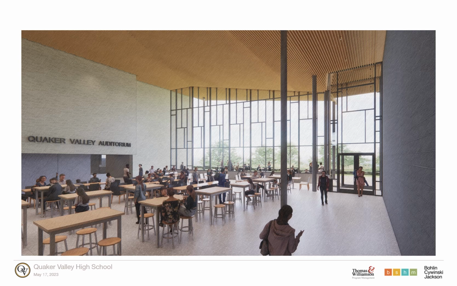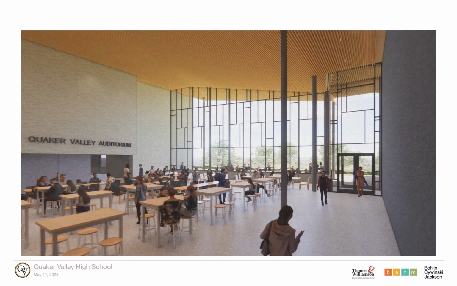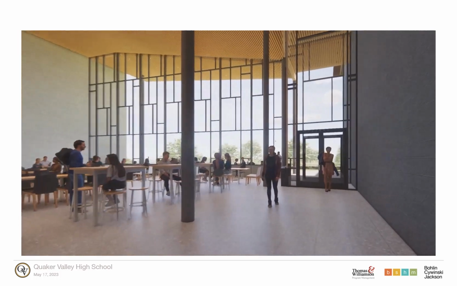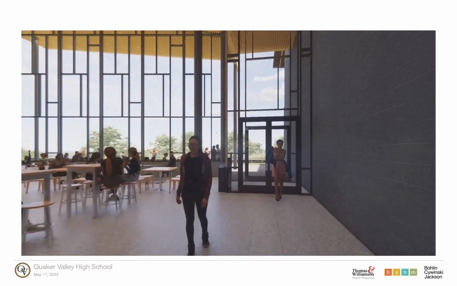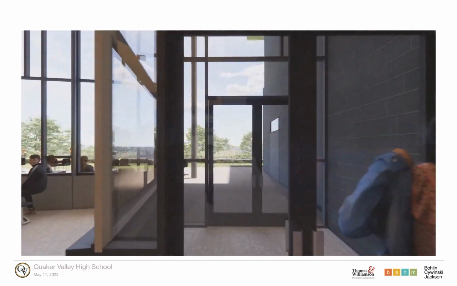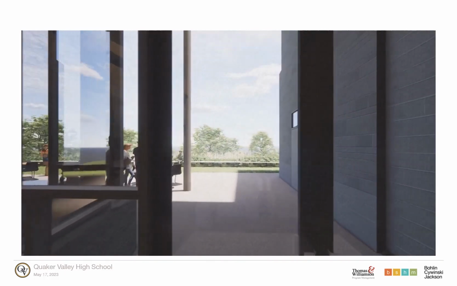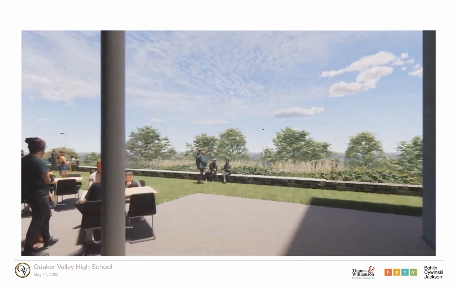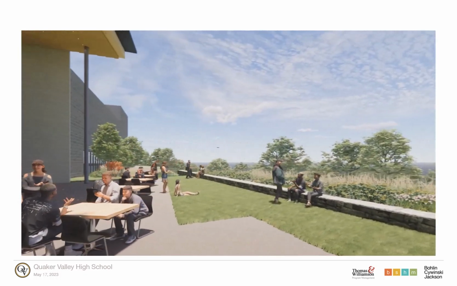Similarly, this space comes down and connects back to the outside. And in this case, there's an opportunity to create a southern terrace, also a secure area for students to come outside for either lunch or gatherings or activities during the school day. And so this you see here, the view beyond.